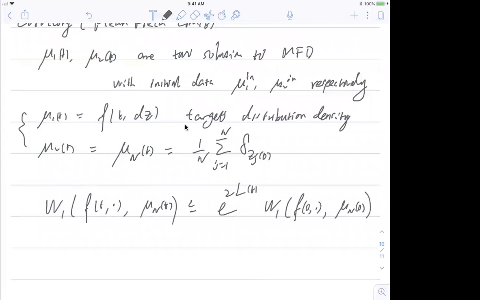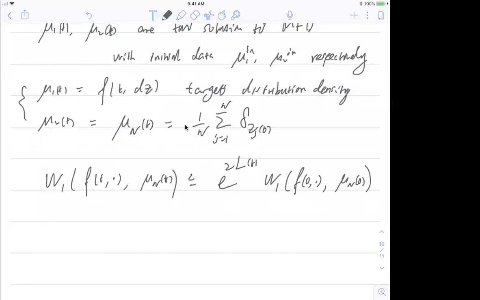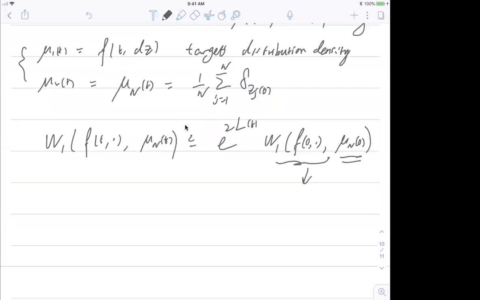So mean field limit basically says if initially this sequence of empirical measures converges to f_0 as n goes to infinity, then by Dobrushin's estimate, the distance between the time t empirical measure and the time t PDE solution is also very close.